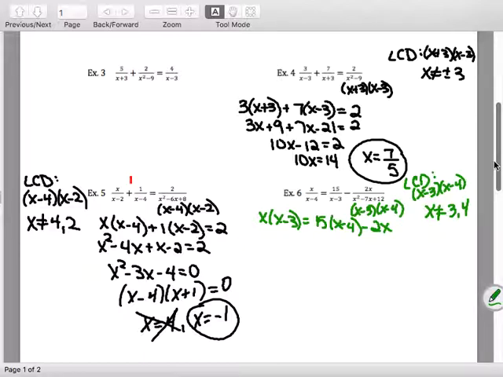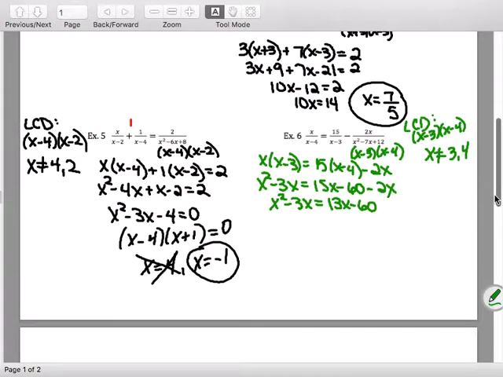I am not cross-multiplying. That is not what I'm doing. This is x squared minus 3x equals 15x minus 60 minus 2x. I get x squared minus 3x equals 13x minus 60.